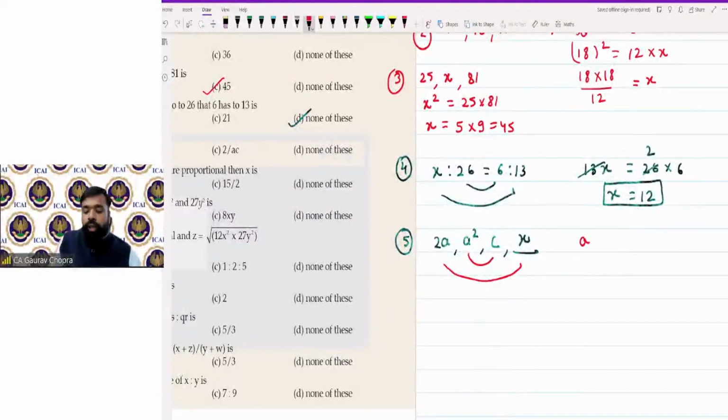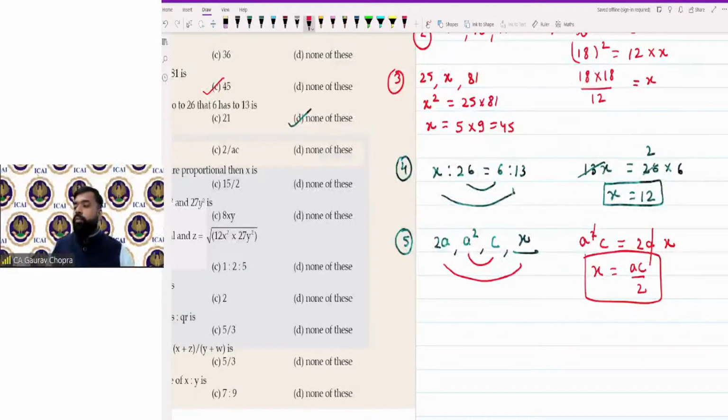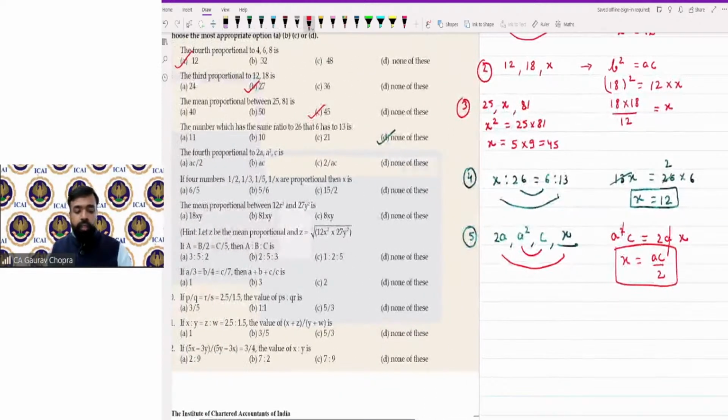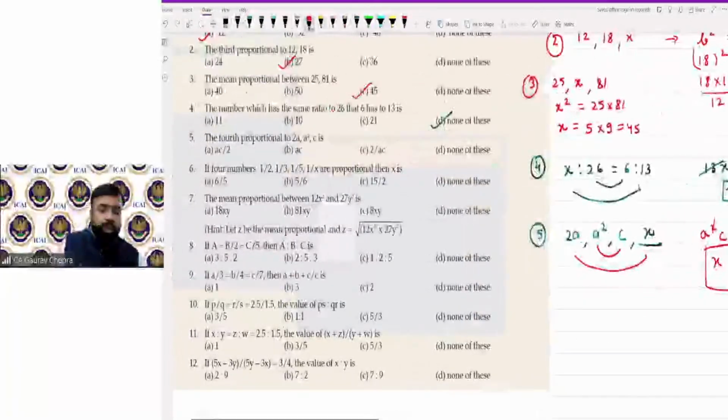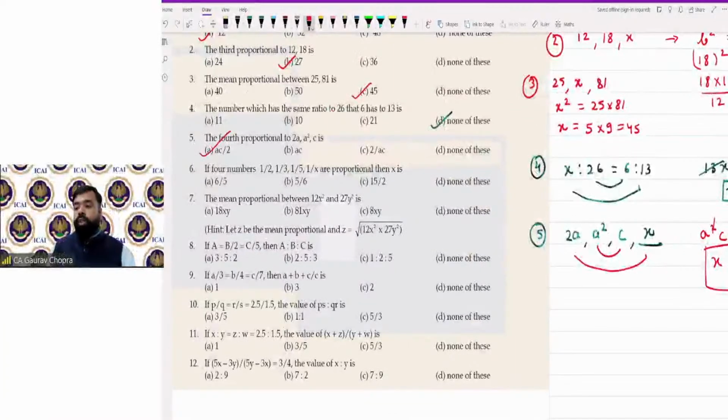So A square into C is equal to 2A multiplied by X. A is getting cancelled. So X is equal to AC upon 2. Now you can check which option is correct. Option number A is correct for question number 5.